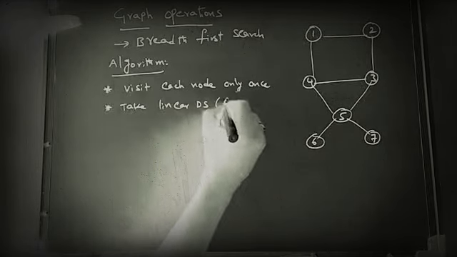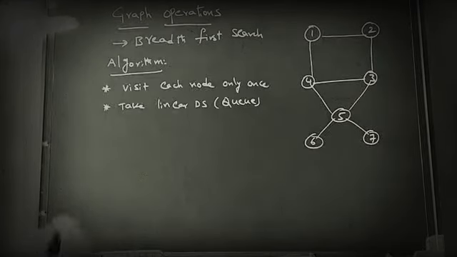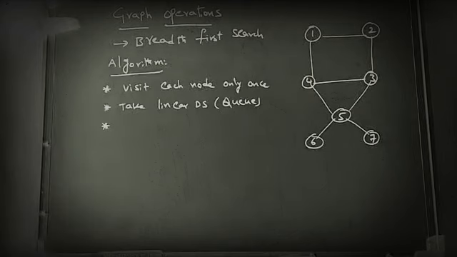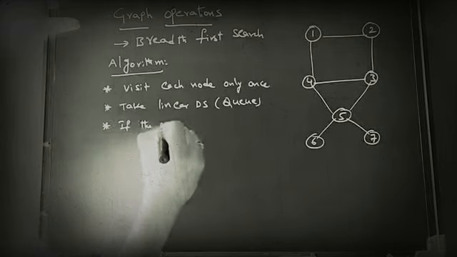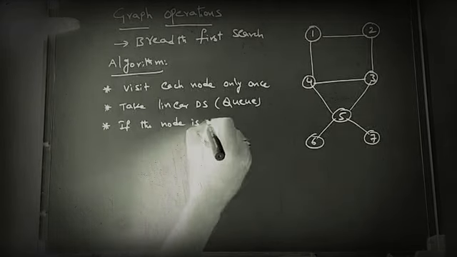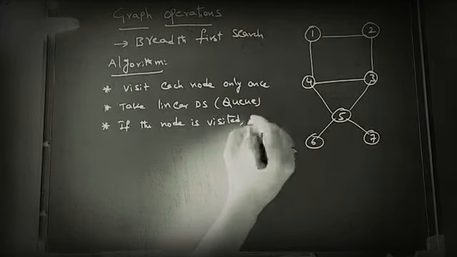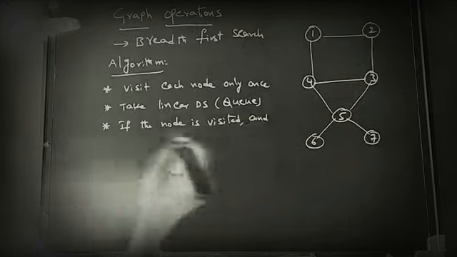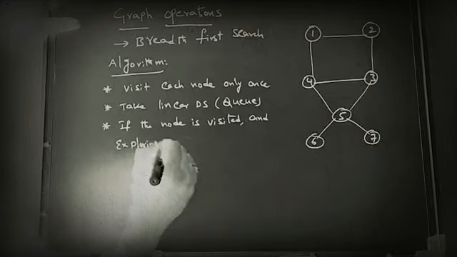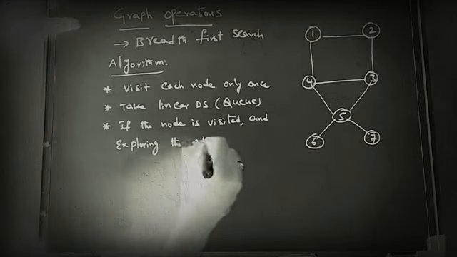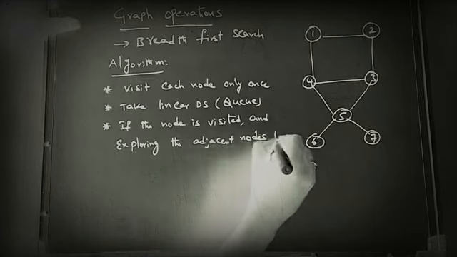Here the data structure used is a queue. Third, if the node is visited, explore the adjacent nodes of that node.